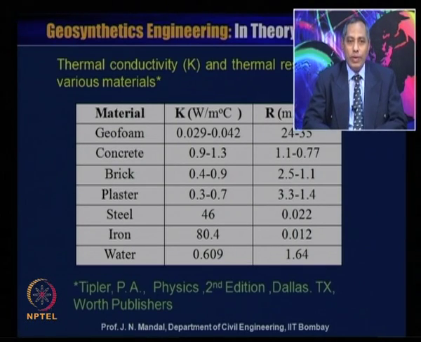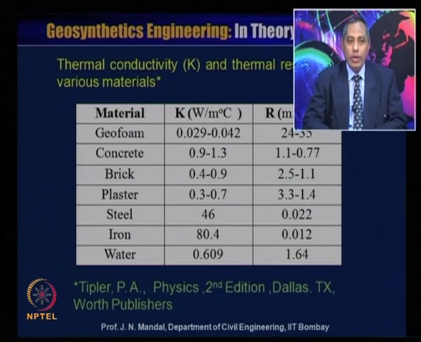If it is plaster, the thermal conductivity value K lies between 0.3 to 0.7 watt per meter degree centigrade and thermal resistance R value lies between 3.3 to 1.4 meter degree centigrade per watt. If it is steel, thermal conductivity K value is 46 watt per meter degree centigrade and thermal resistance R value is 0.022 meter degree centigrade per watt.